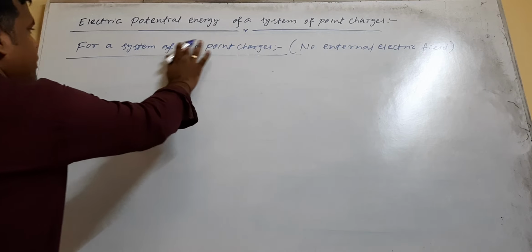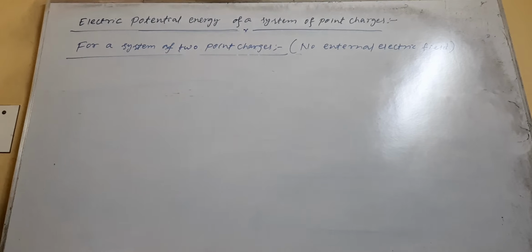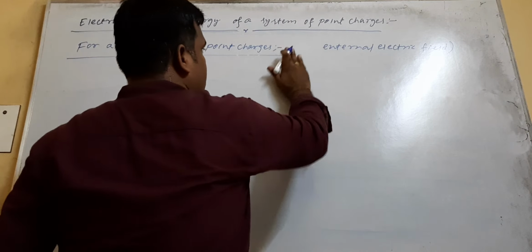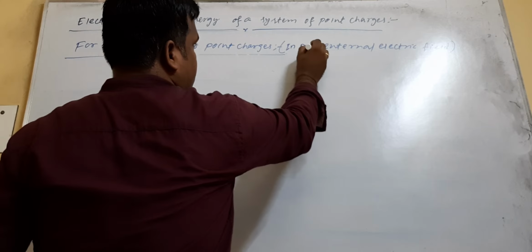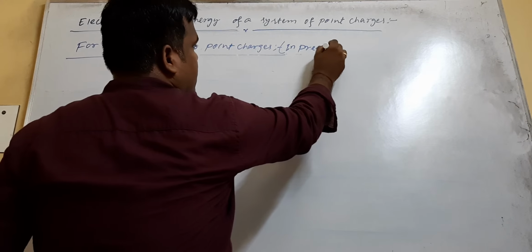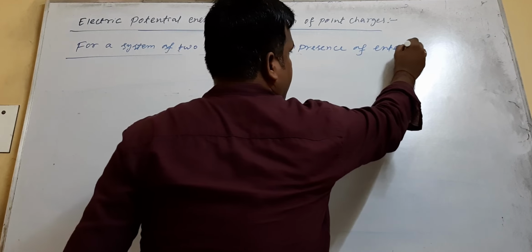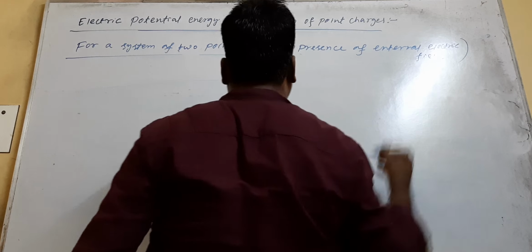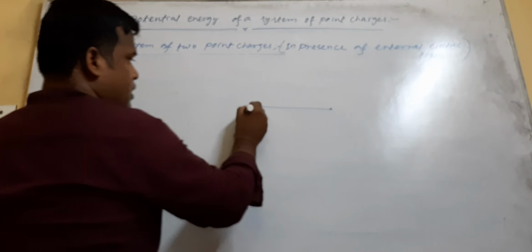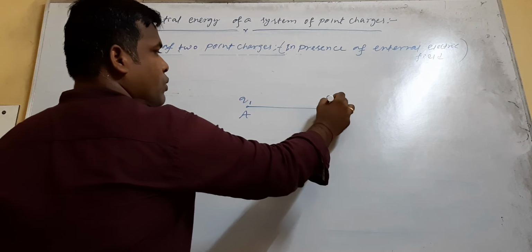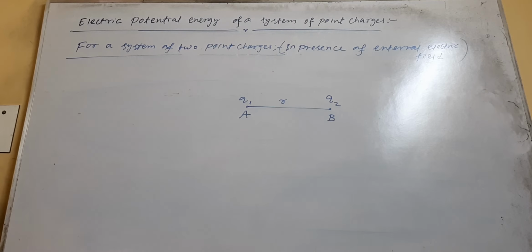For a system of 2-point charges, we will find the electric potential energy in presence of external electric field. It is A, it is B. Suppose you have the charge Q1 at A and Q2 at B. Let the distance between them be R.